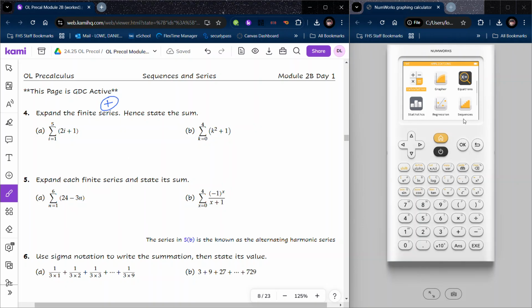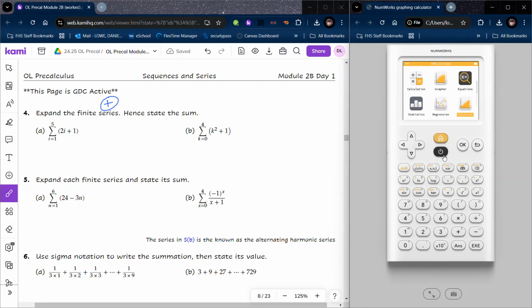I do have my calculator available to help, and there's a variety of ways that I could work with this. One way, if I wanted to get term by term, I could do it by hand, or I could add a sequence where my sequence is given by 2n plus 1, and look at my values for n equals 1, 2, 3.